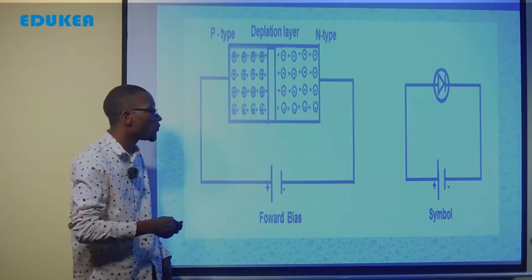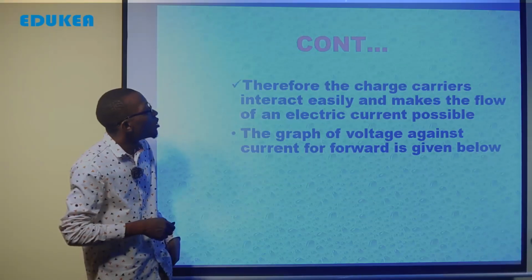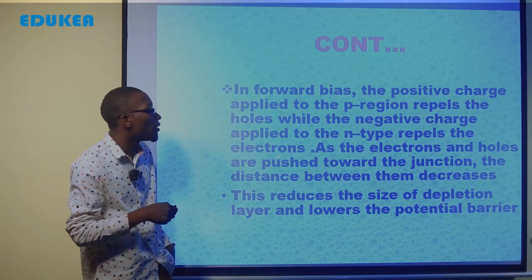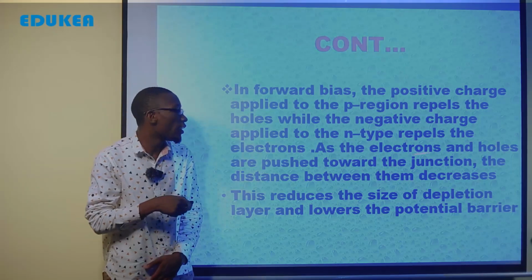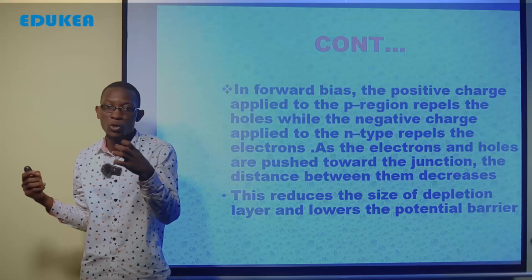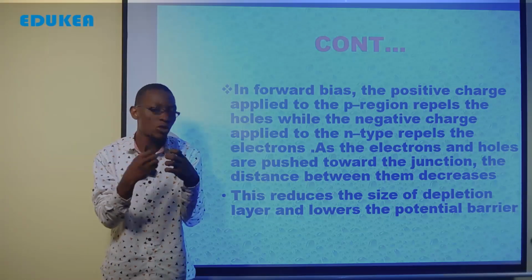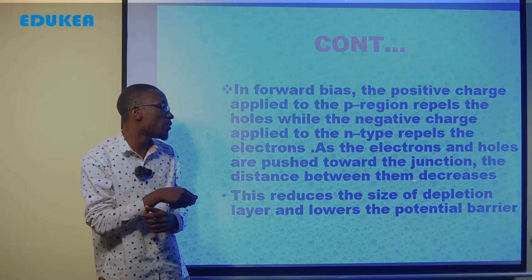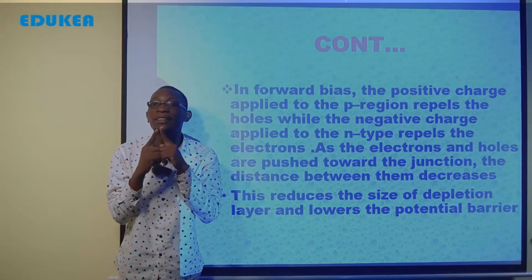So ndo kama alivyosema kwamba the n-type repels the electrons, as the electrons and holes are pushed towards the junction. Kwamba wakati ambapo electrons zinakuwa zinapushiwa toward the junction na holes zinakuwa zinapushiwa toward the junction, the distance between them decreases, kwamba umbali kati yao unafanyaje? Unapungua. This reduces the size of the depletion layer and lowers the potential barrier.